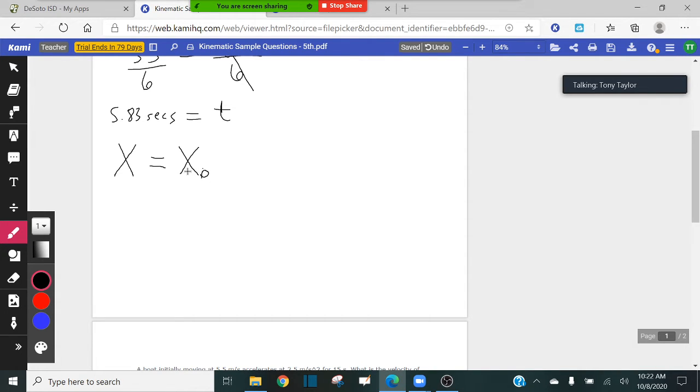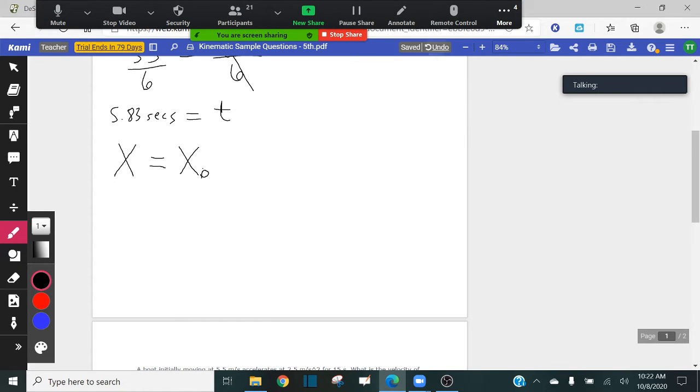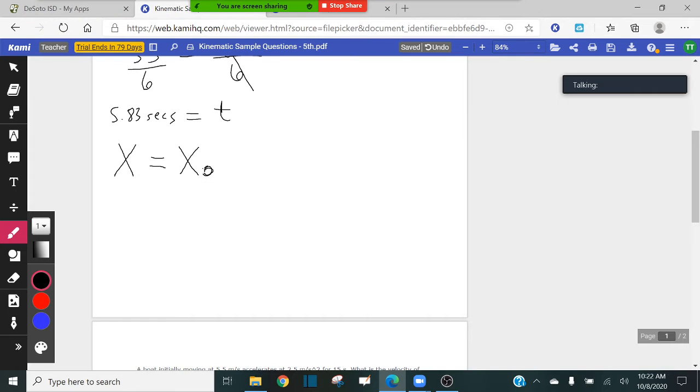In other words, it's our position at time 0, which is our initial condition, plus our initial velocity in the x direction multiplied by t.